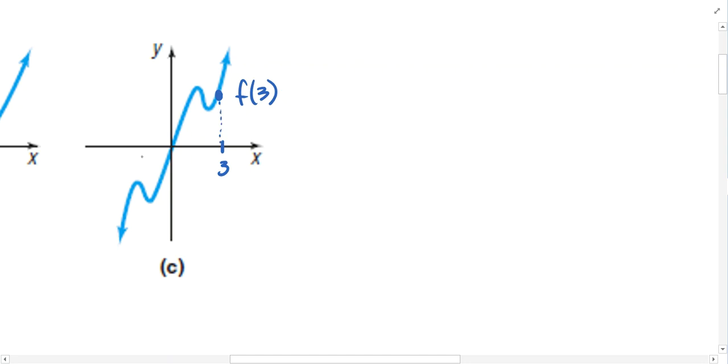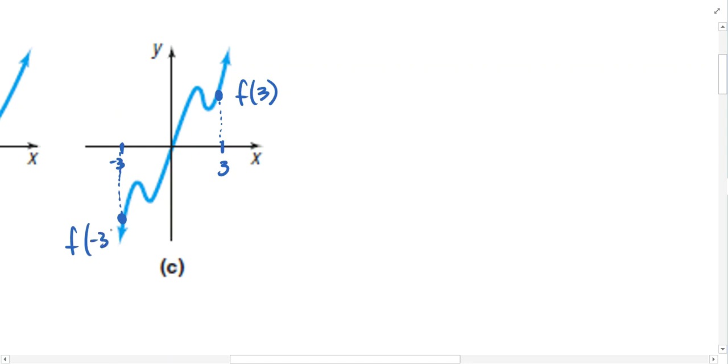If I jump out to -3, down here, the function result wouldn't be the same. That would be an indication of an even function. This might be the shape of an even function. But in this case, the function result ends up being the direct opposite of the y value from f of 3.